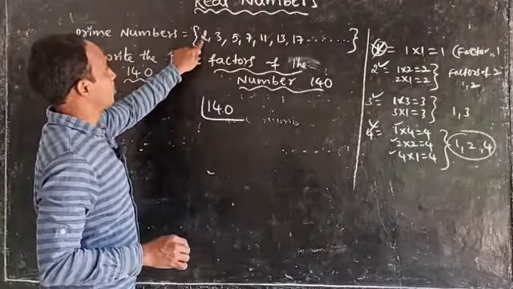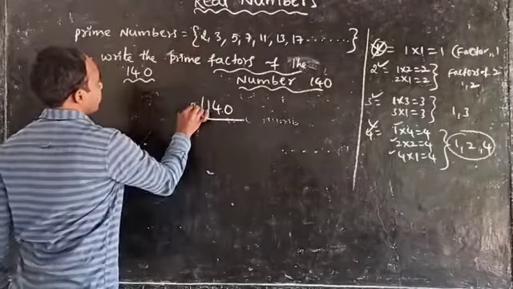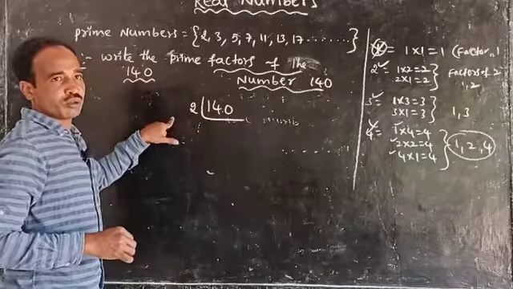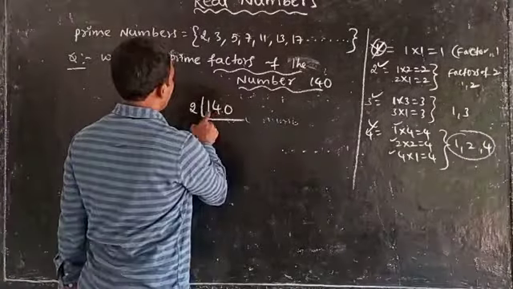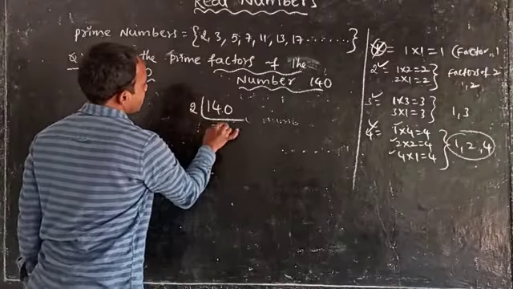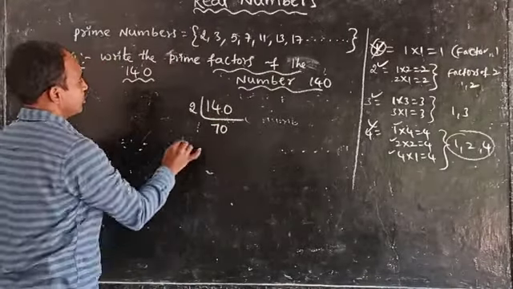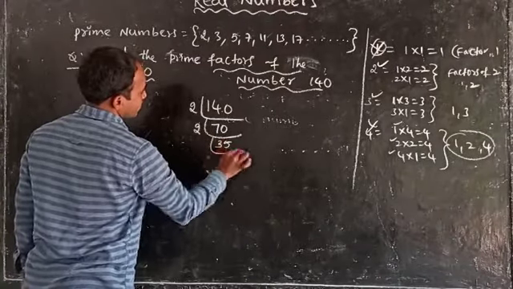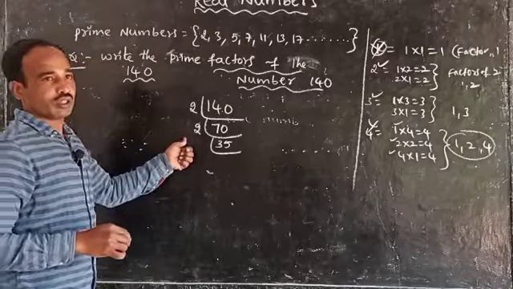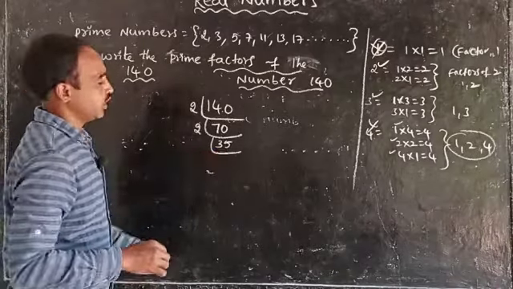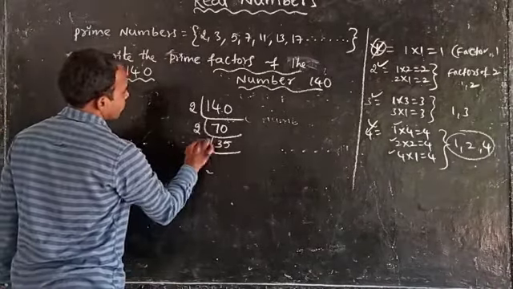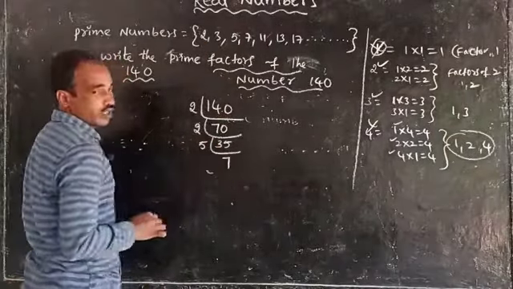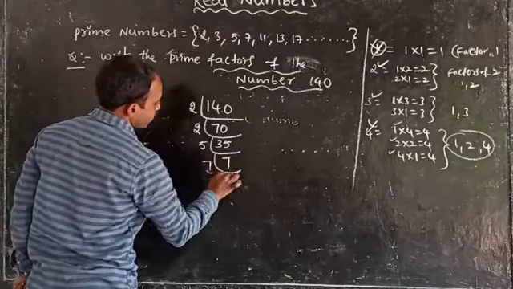The smallest prime number is 2, so we are taking 2. 140 divided by 2: 2 times 70 is 140, and 2 times 35 is 70. 2 is not a factor of 35, so we take the next prime number, 5. 5 times 7 is 35 and 7 times 1 is 7.